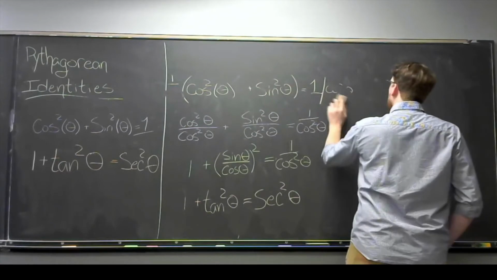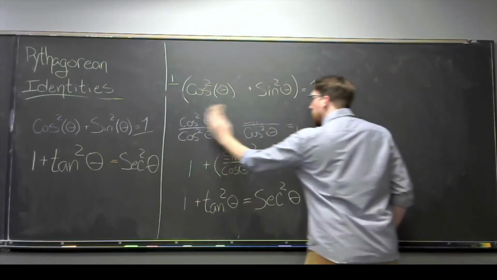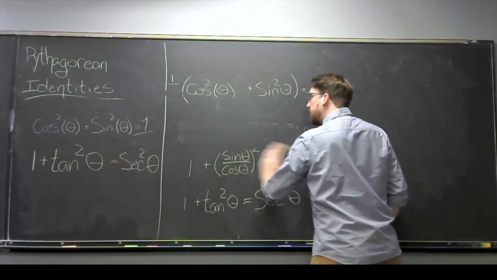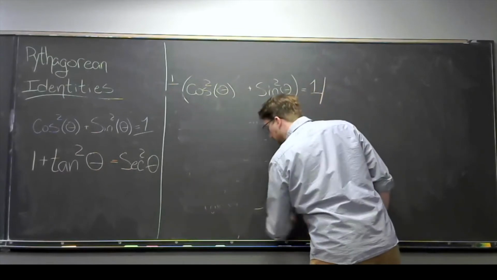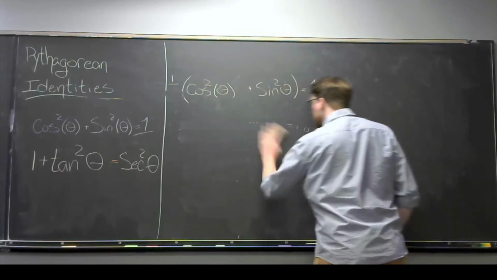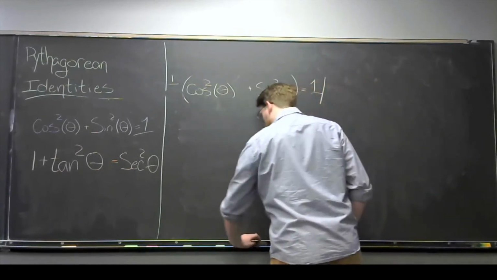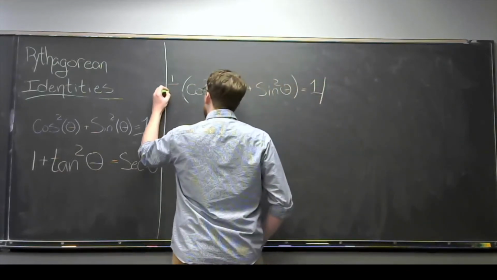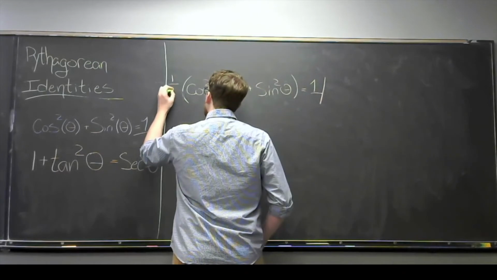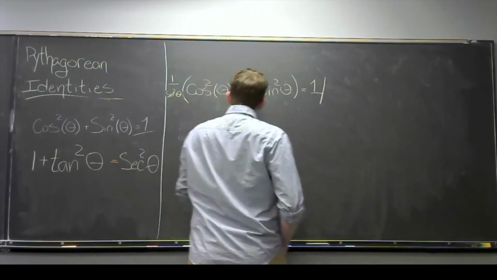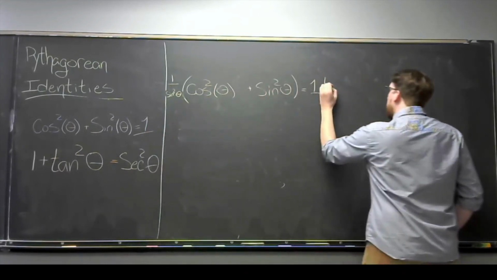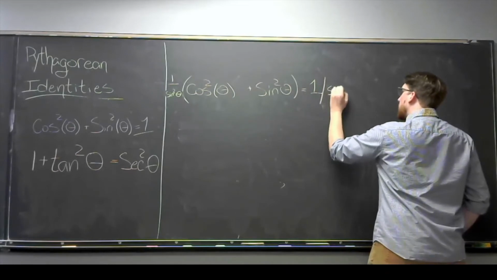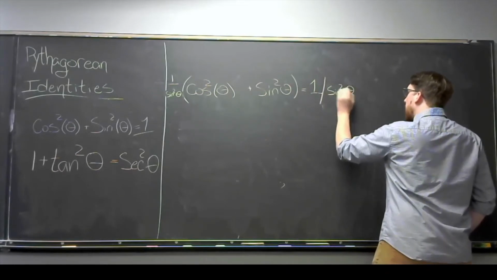Now let's go the other route. Instead of dividing by cosine, let's divide by sine now. So we're going to multiply by 1 over sine squared theta. Over here we're going to have 1 over sine squared theta.